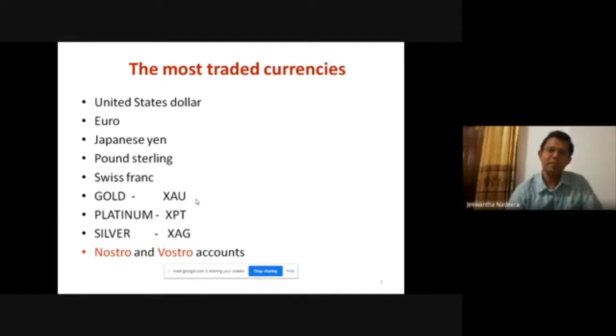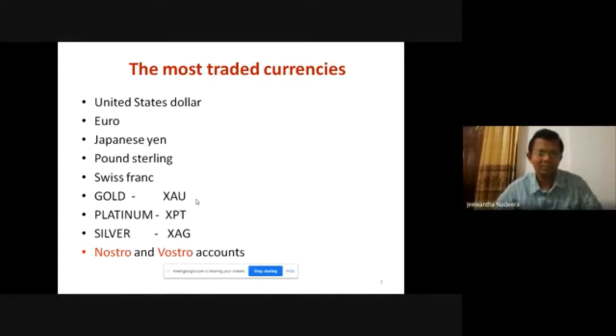What happens is you give rupees to the bank. The bank will send whatever currency is required to Japan. How do you send money there? They have to remit money to Toyota's bank account. To send money to Toyota's bank account, you need an account in Toyota's bank.